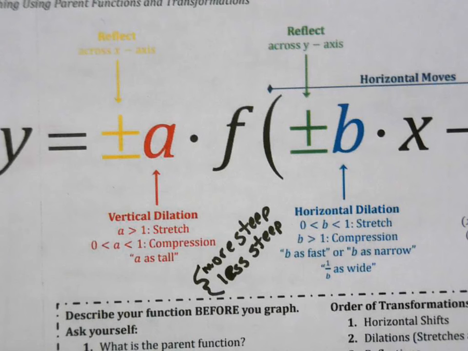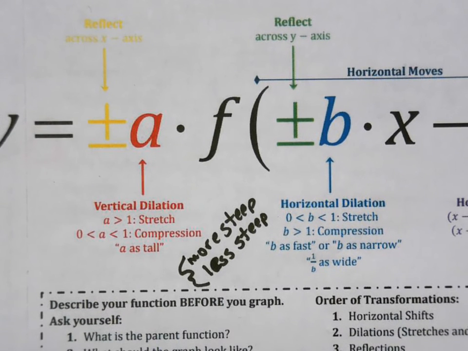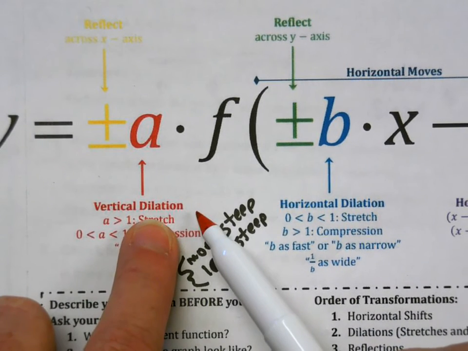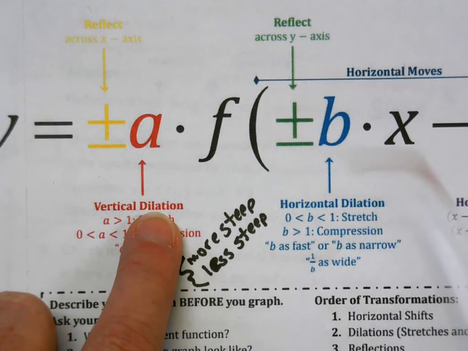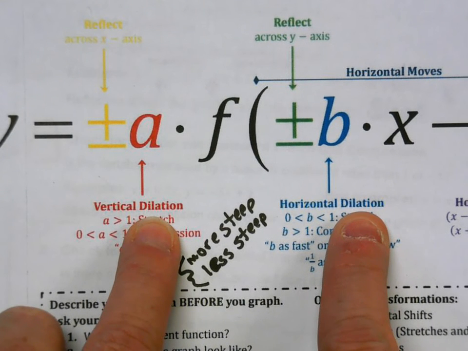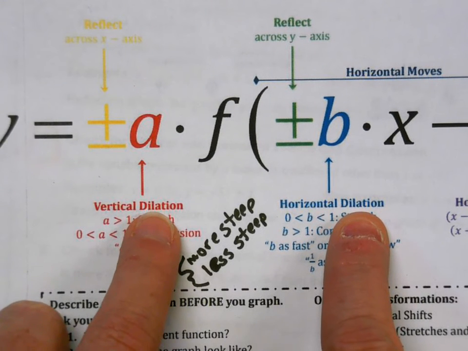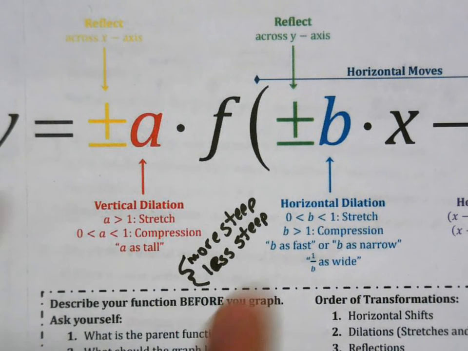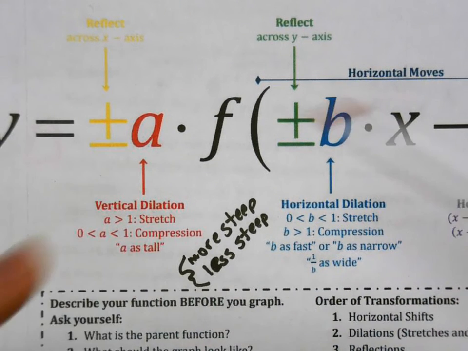So notice on this paper that I gave you, or that you picked up at the back that was colorful, notice that we have new words that we didn't talk about yesterday called dilation. So we've got vertical dilation and horizontal dilation. Those are just the words that encompass stretching or compression.